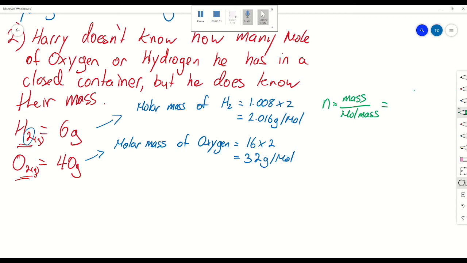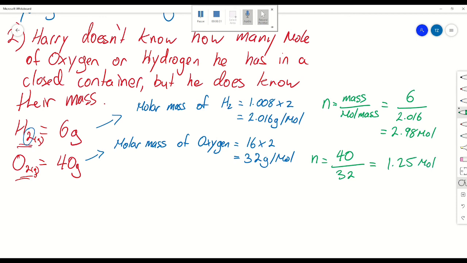So for hydrogen, we've got 6 divided by 2.016, which gives us 2.98 mole. And for oxygen, we have 40 divided by 32, which equals 1.25 mole in total.